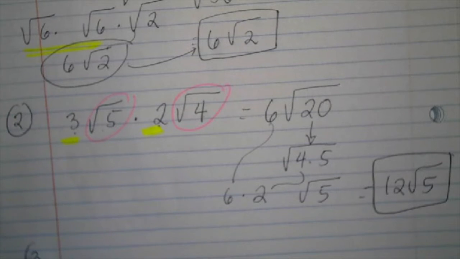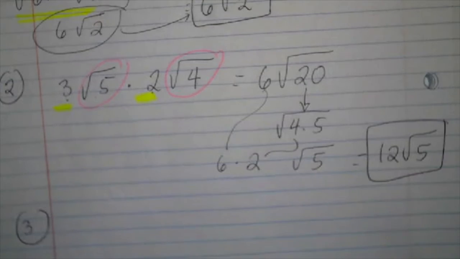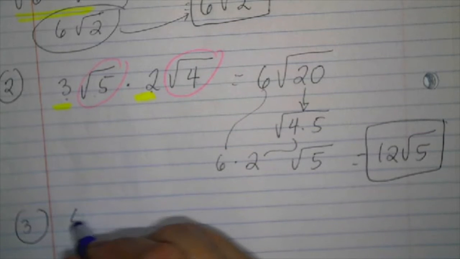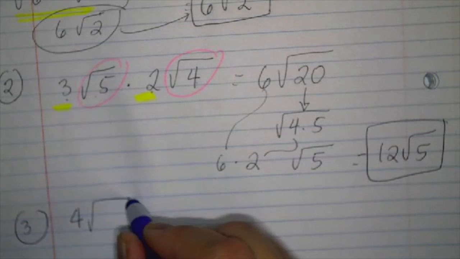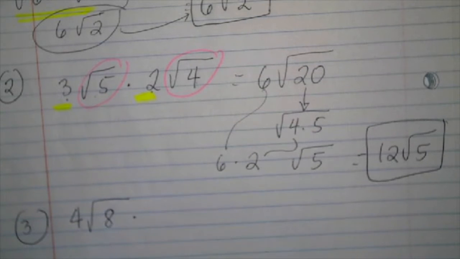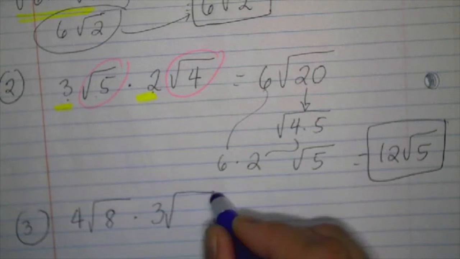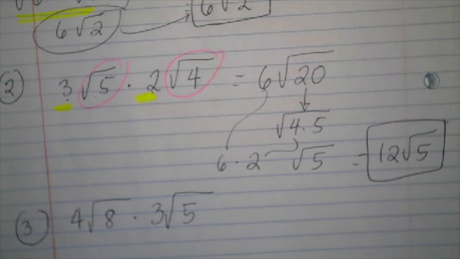So when you're looking at numbers, you could simplify either way, depending on what you're working with. Okay, example 3. 4 square root of 8 times 3 square root of 5.